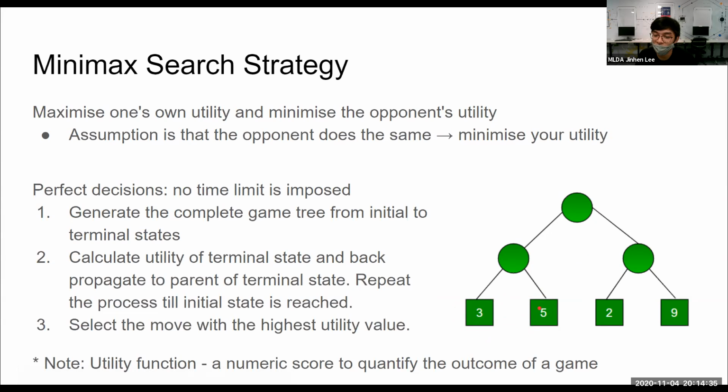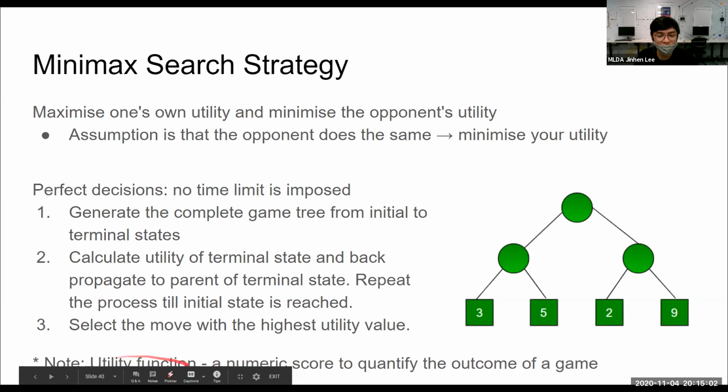This one maybe is a draw, so 5. 2 maybe is a loss, and 9 is maybe a win for us. So these are values that we can assign to the final states to help us determine numerically what the end goal means. Now we have to back propagate it. I will show you the exact procedure next, and in the end, we select the move with the highest utility value.